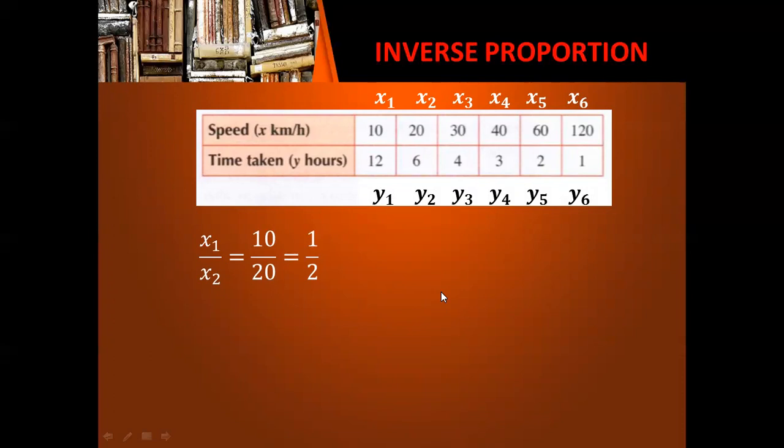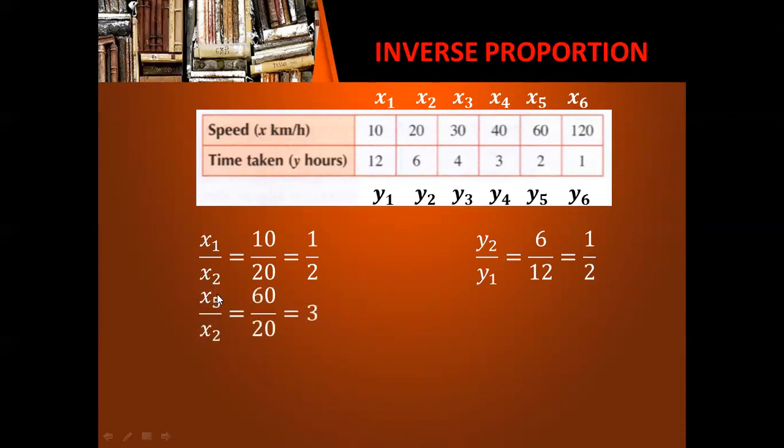Now, let's look at the corresponding time taken for these speeds. If we get the ratio of y sub 2 over y sub 1, we'll get the same value, 1/2. Let's look at another set of values for speed.